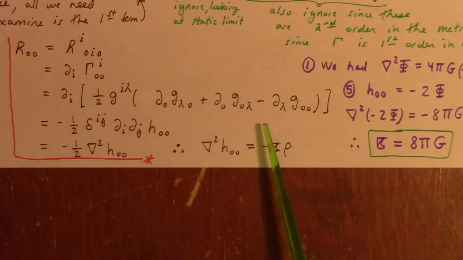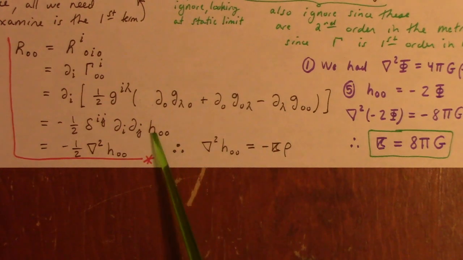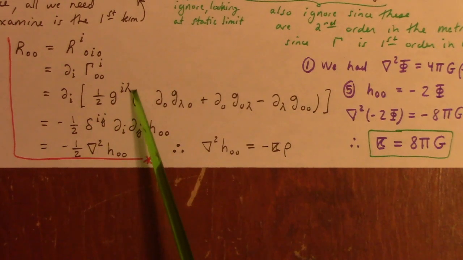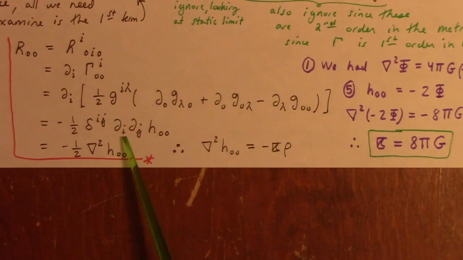And so remember, that just gives us this H00, and Kronecker delta ij, partial i, partial j, and that is minus 1/2 the Laplacian of the 0 component of the perturbation. Therefore, the nabla squared H00 is equal to minus kappa rho.